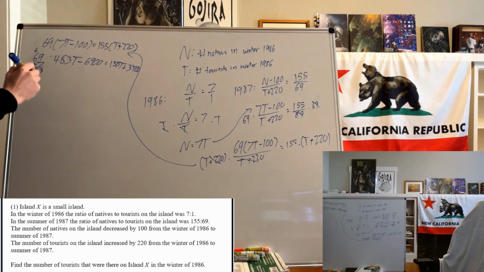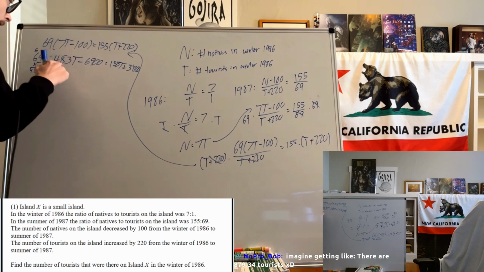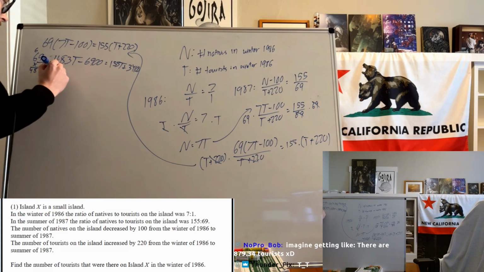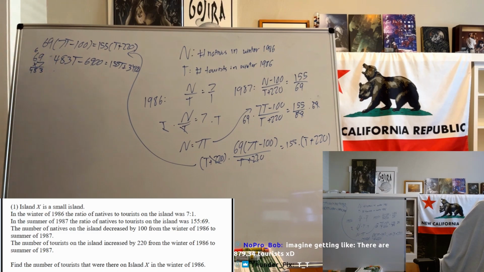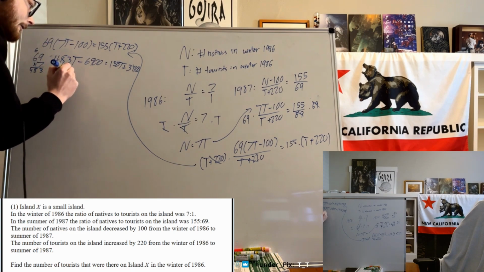Okay. Now let's get the t's on one side and the not t's on the other side. 43 minus 155. Ooh. That's going to be 300 something. It's going to end in 8.